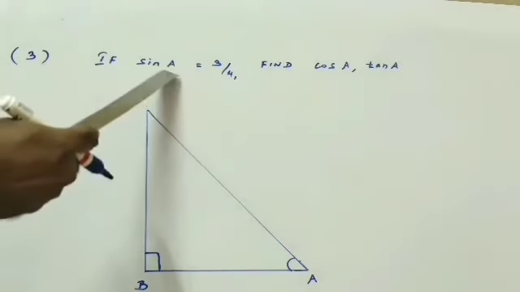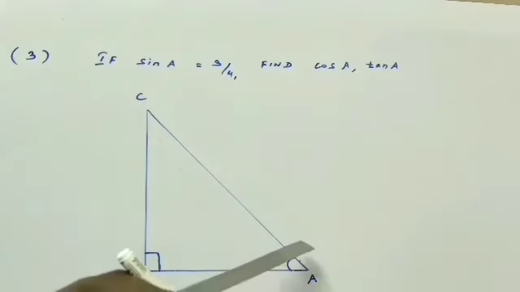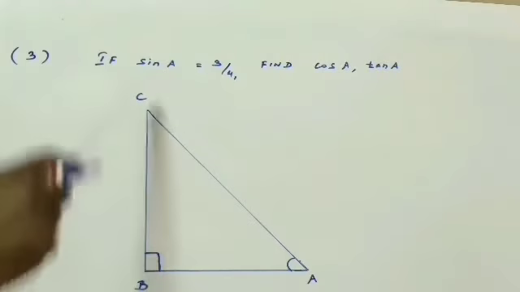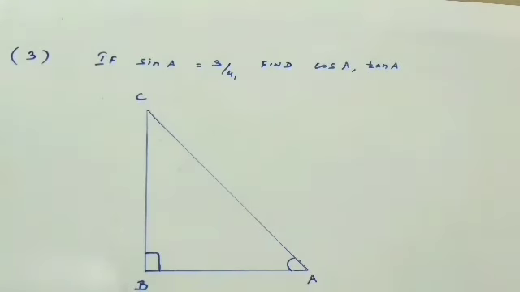They are asking about sin A, so put the angle at the point A. Then this is a vertical portion, so put B here. So BC is perpendicular to the side AB.